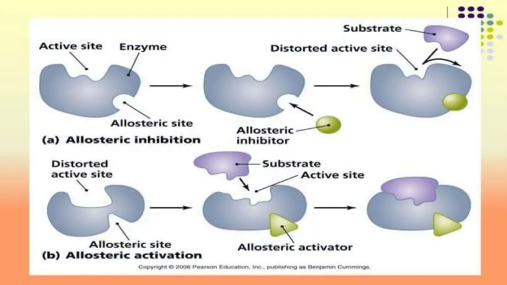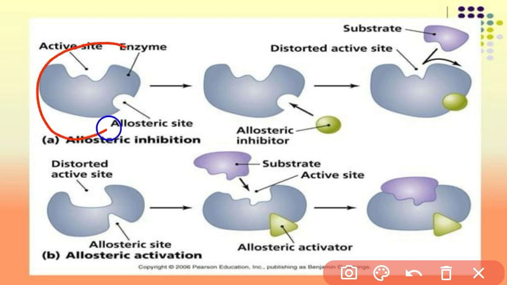As said earlier, the allosteric molecule may be a positive activator or a negative activator. Suppose this is an enzyme, and this enzyme has an active site to which the substrate can bind, and this is an allosteric site.